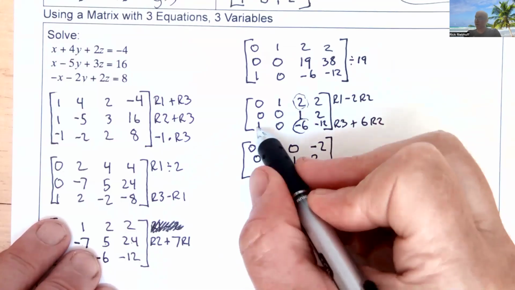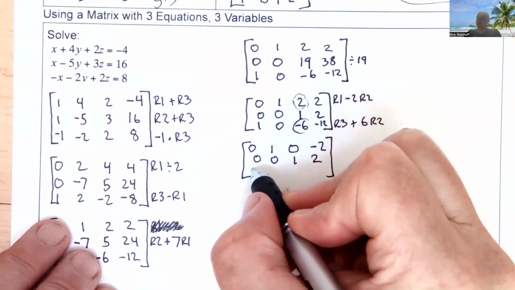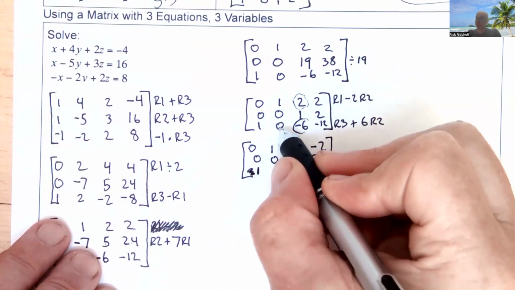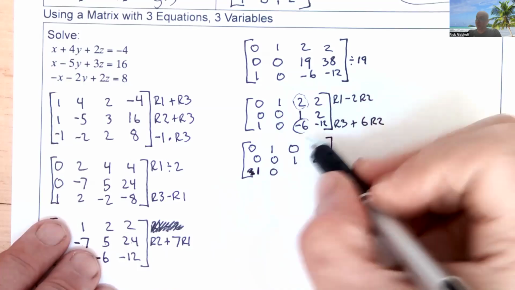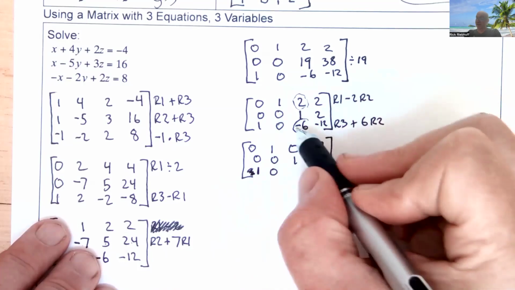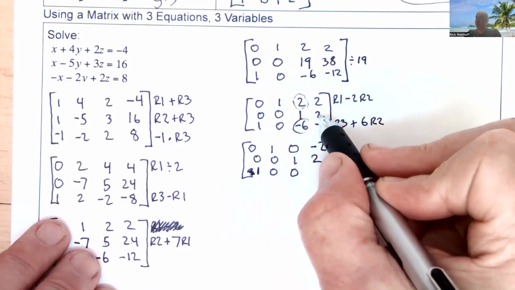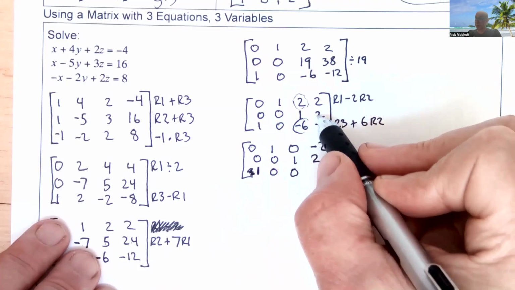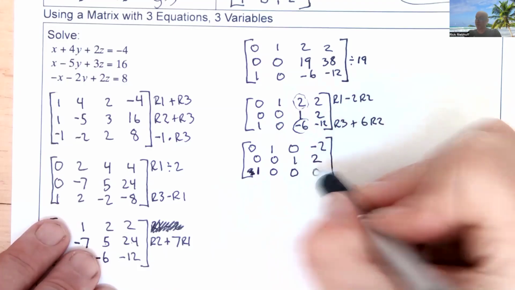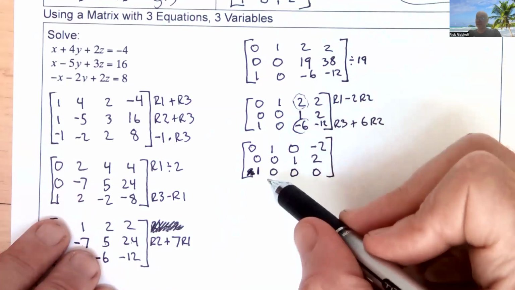Oh, sorry, I should start here. 1 plus 6 times 0. That's going to be a 1 still. 0 plus 6 times 0 is 0. -6 plus 6 times 1 is 0. And then -12 plus 12 is 0. Beautiful. I'm good. And this isn't bad.